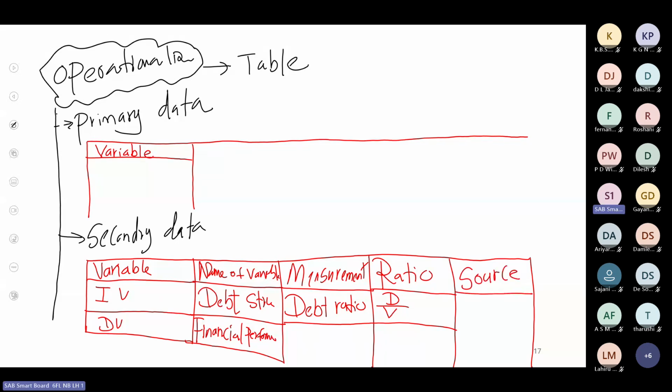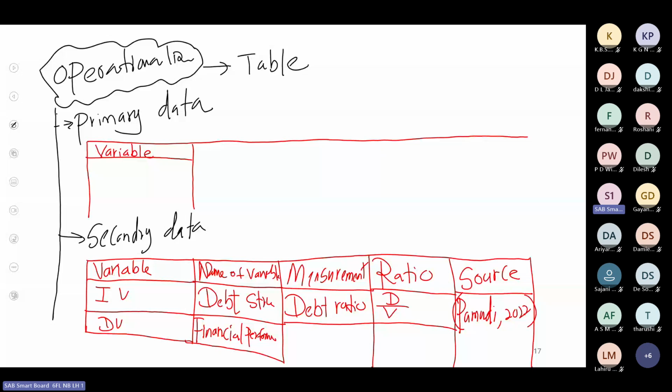Source means this should be tested by someone else, previous researchers, to measure the debt ratio. For example, we'll take Pamudi. In 2022, in her research to measure the debt structure, she has taken the debt ratio.